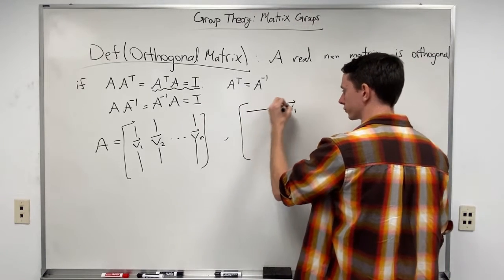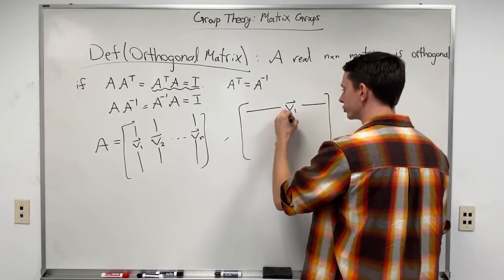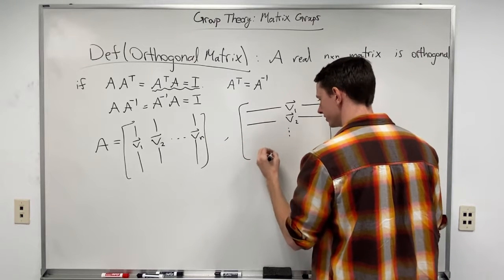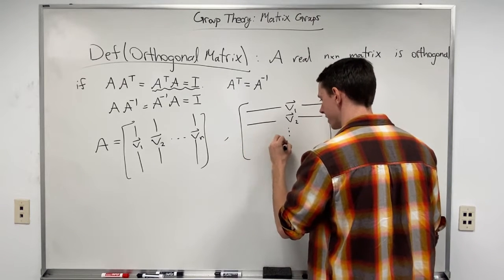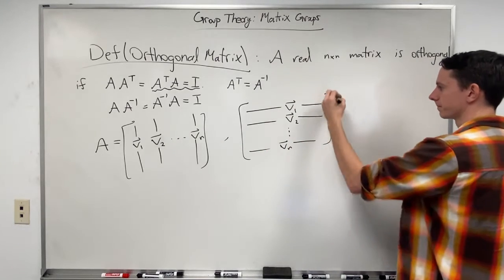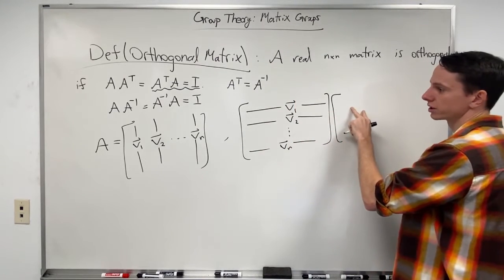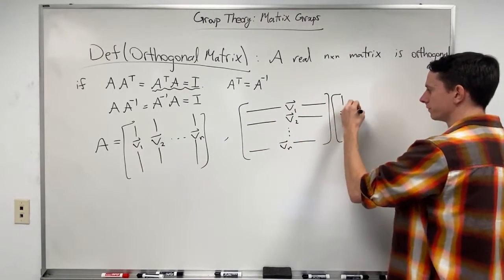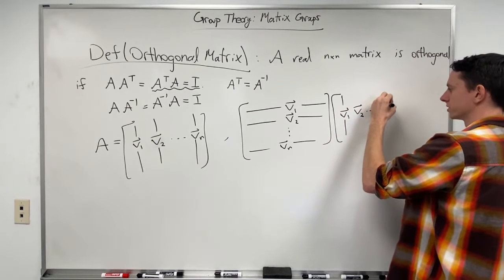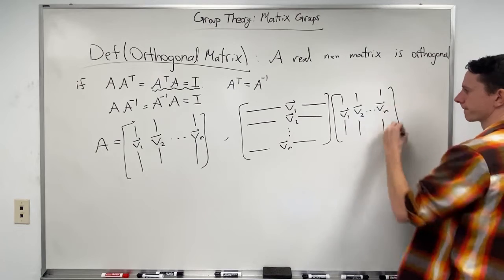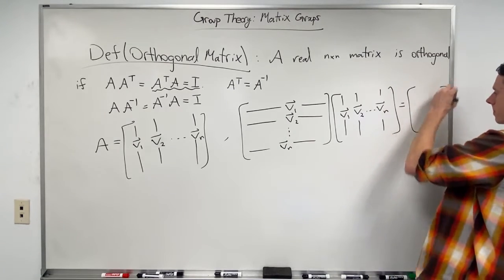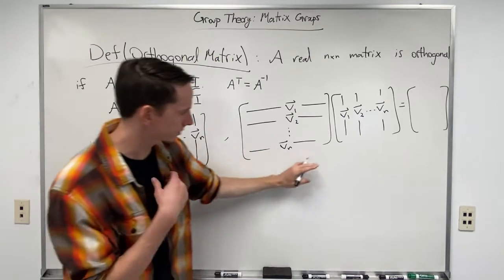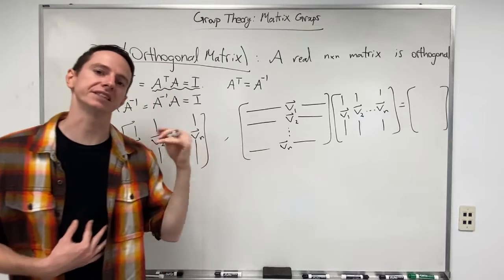So now V1 becomes the first row in A transpose, V2 becomes the second row in A transpose, and this continues all the way through Vn as the nth row in A transpose. So this is A transpose. Then we still have A, which we're just going to write out like this: V1, V2, all the way through V sub n. And we know, based off of the condition right here, that this product of A transpose times A needs to give us the identity matrix.